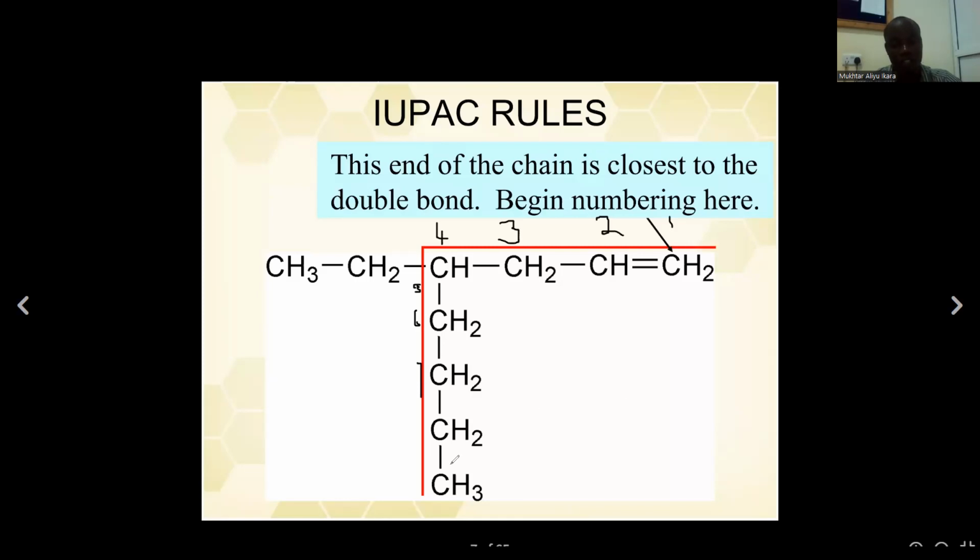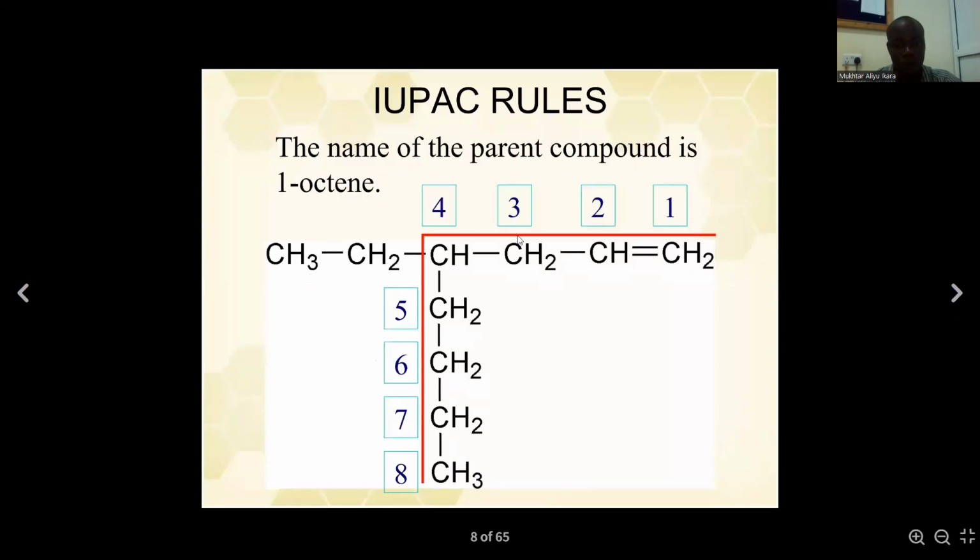Yes, 1, 2, 3, 4, this one is 5, this one is 6, this one is 7, and this one is 8. This is how it is numbered.